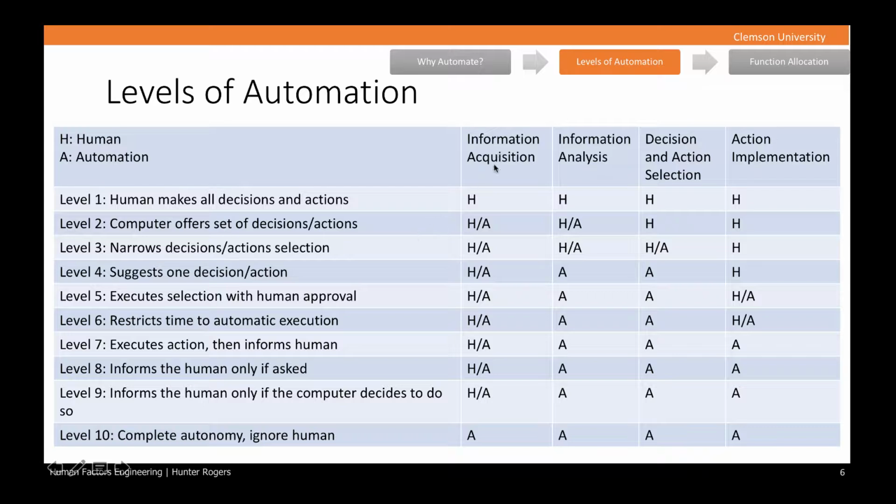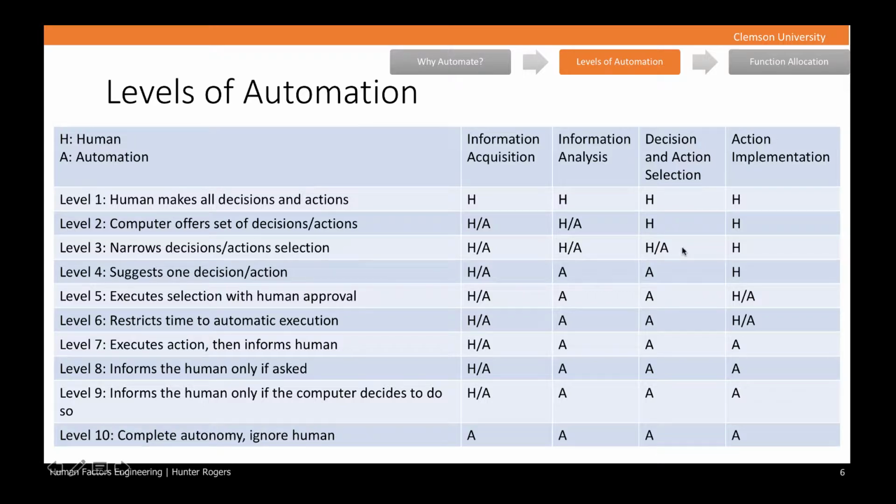And then level 2 is where we start looking at, for information acquisition and analysis, involving the automation as the computer offers sets of decisions and actions based on that information acquisition and analysis. And level 3 is where we've got the computer narrowing down those decisions.